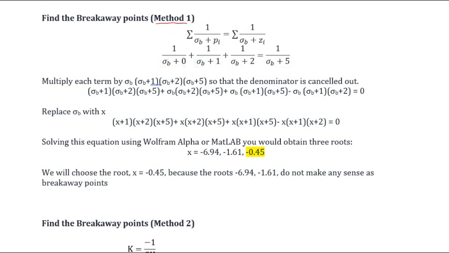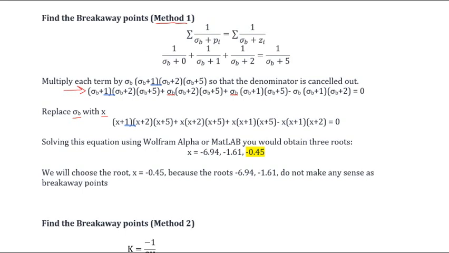You can see we do that by multiplying each term by these terms so that the denominators cancel out. Once we do that, we have a bigger expression, but we don't have any denominators. I'm going to replace sigma b with x just to make the expression easy to read.